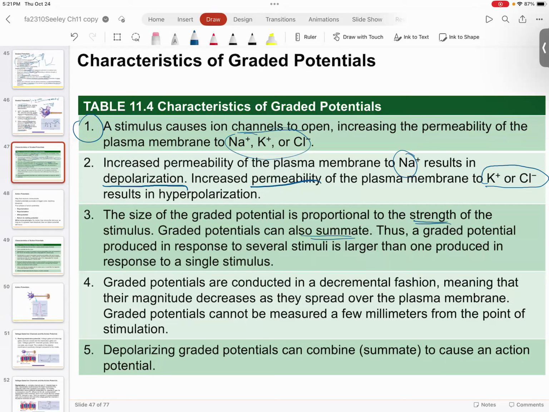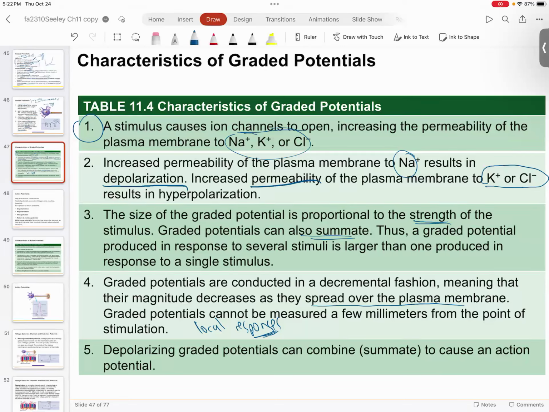So these graded potentials, like we mentioned before, are decremental in nature. That means they are spread over or diffused across large spaces, like, for instance, your plasma membrane. So they're very local. That's basically what that means. So you're thinking about local responses.